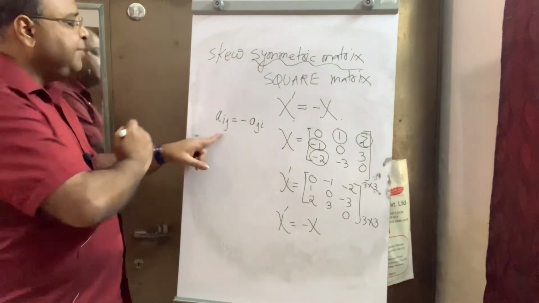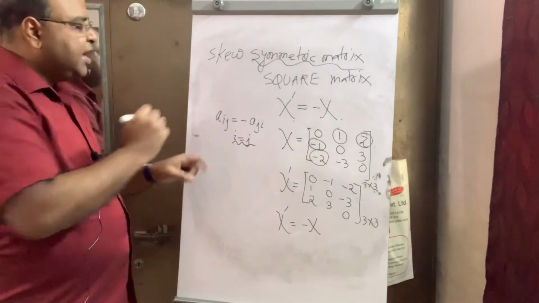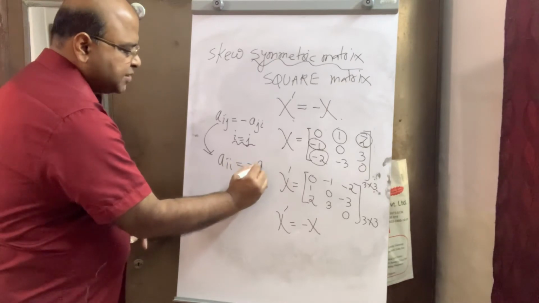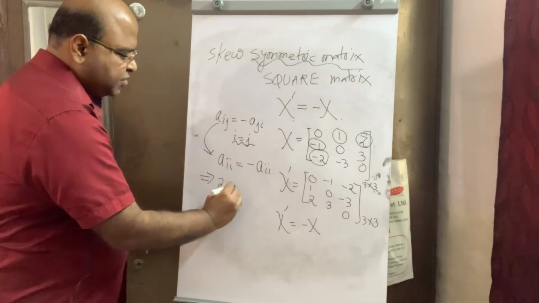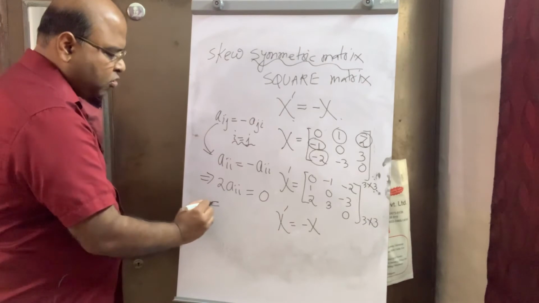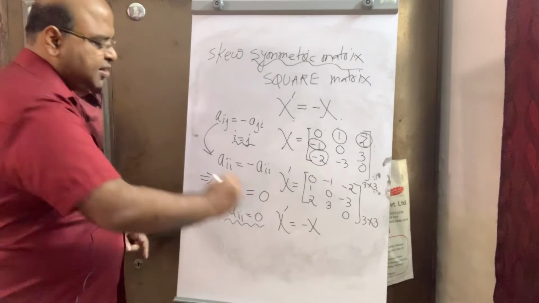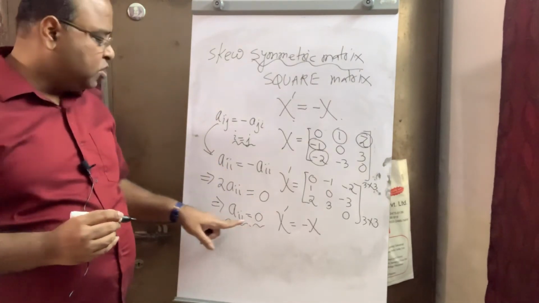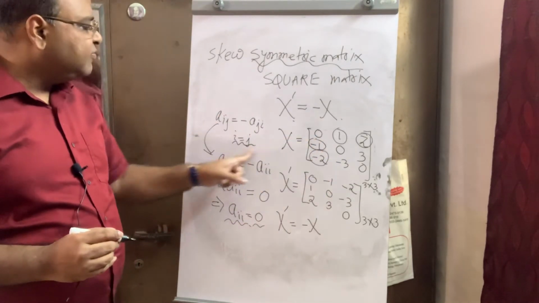So if I now replace j by i for diagonal elements, this gives us Aii is equal to minus of Aii, which implies 2 times Aii is 0, if I shift this negative term on the left hand side, which implies Aii is equal to 0. That is, for a skew symmetric matrix, every diagonal element must be 0. That is a very important point to note. For a skew symmetric matrix, each and every diagonal element must be 0 because of this criteria.